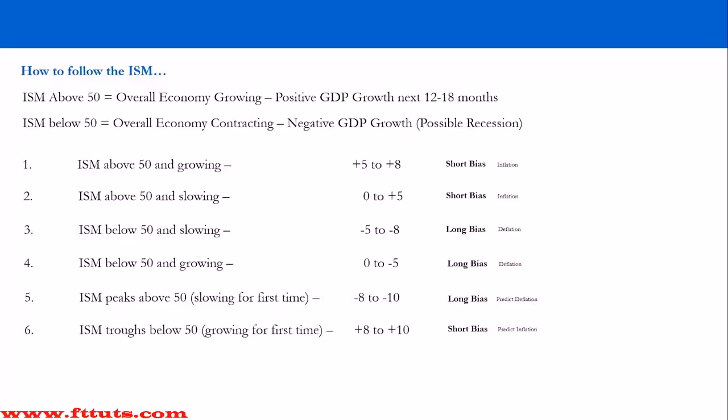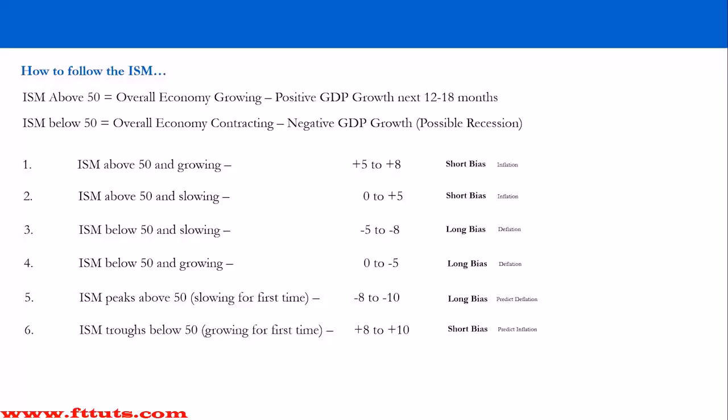But what it's saying is that it's forecast to grow at a slower rate. So the ISM above 50 and slowing, we give a lower score because it's less inflationary. So we have a score of 0 to +5 on our scorecard. However, it's still inflationary, so we do have a short bias towards the currency.